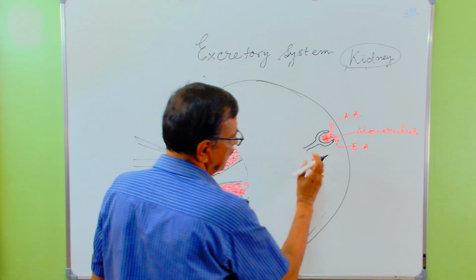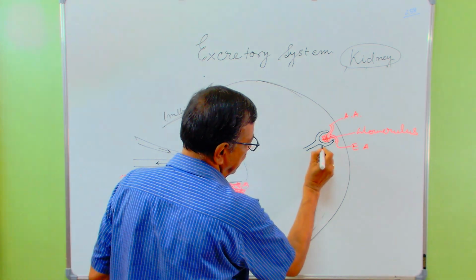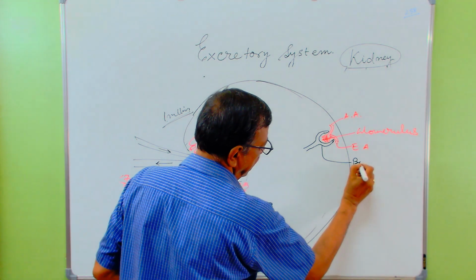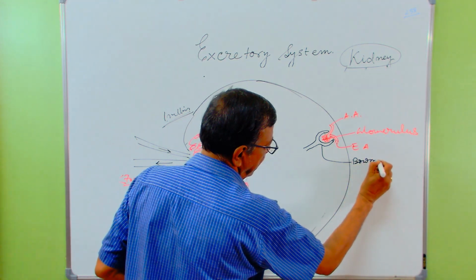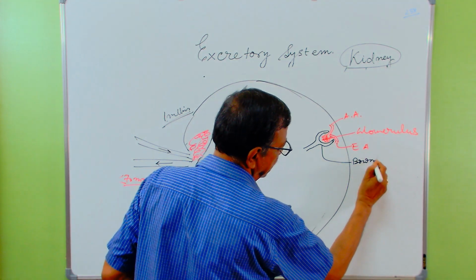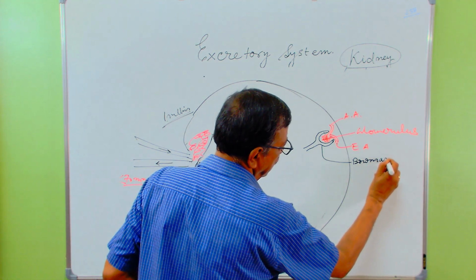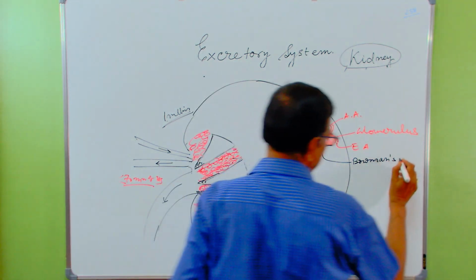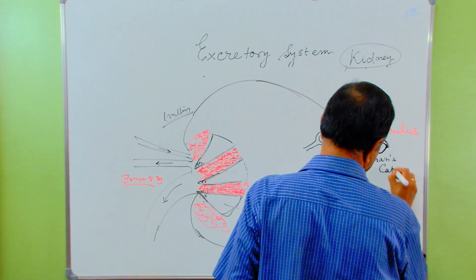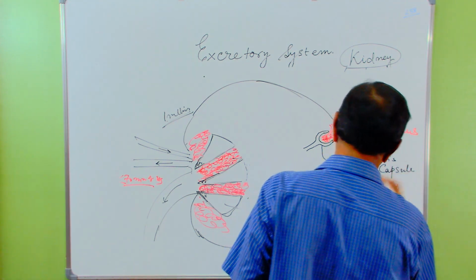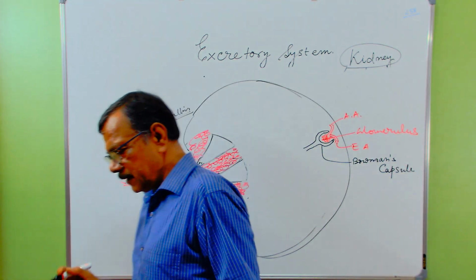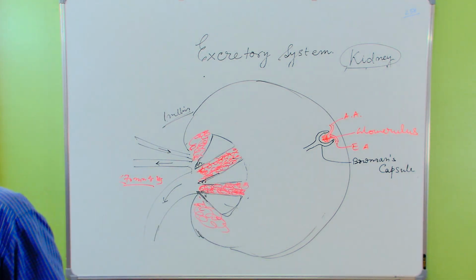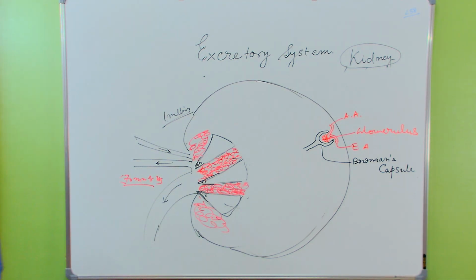This part of the nephron is known as Bowman's capsule.